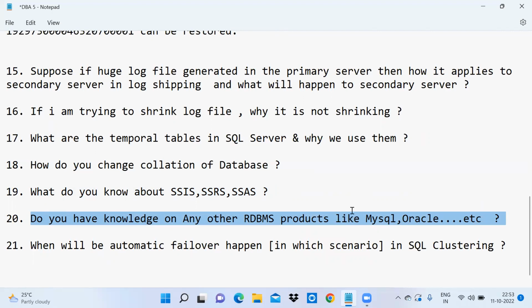So why they ask this question means today many people want to recruit those who have multiple skills, like those who have hands-on experience on different RDBMS products like MySQL, Oracle. So maybe he asked the question based on that reason.